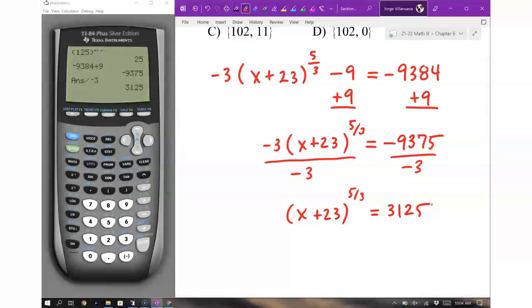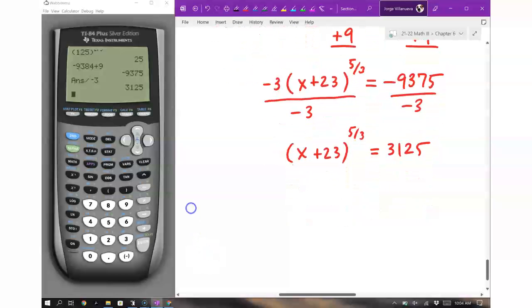I got to get x, but it's inside that parenthesis with that weird power. So now I have to raise it to what power? 3/5, the reciprocal, okay? The reciprocal, so 3/5.